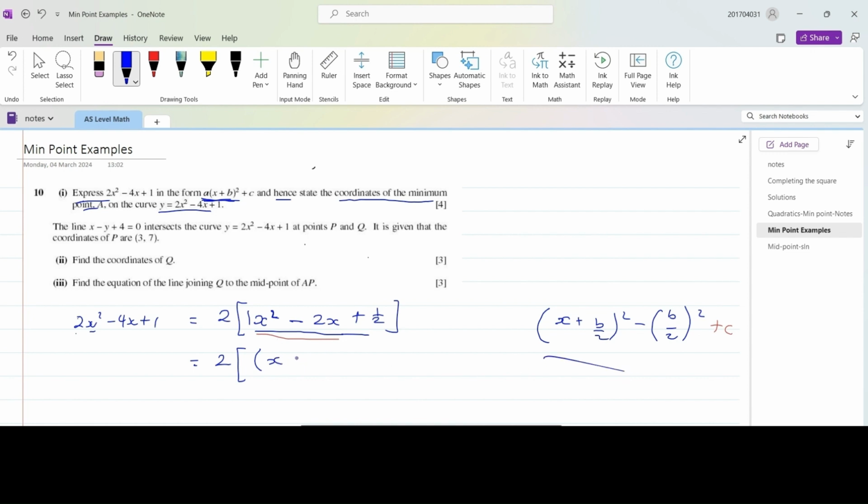What's our b? Our b is always the coefficient of x, so our b here is negative 2. So we have x plus negative 2, squared, minus negative 2 over 2, squared. Then don't forget the constant c, which is simply that half. Plus c, which is half in this case.